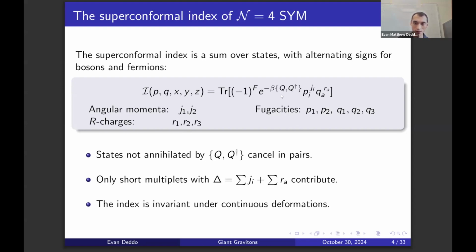In this e^(-beta) term here, we have the anti-commutator of 2 supercharges. So states that are annihilated by this anti-commutator will not have the proper superpartners in order to cancel out in the index, because being annihilated by this anti-commutator is the same as being annihilated by just Q-dagger alone. This means that these states belong to short multiplets that don't have enough states to cancel.